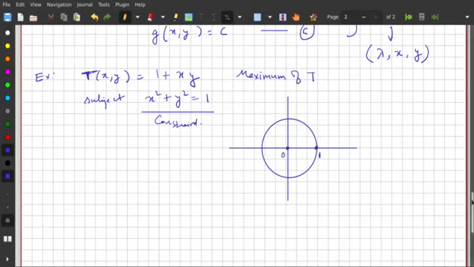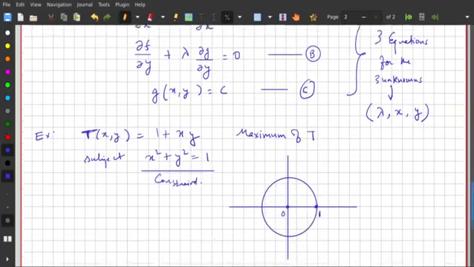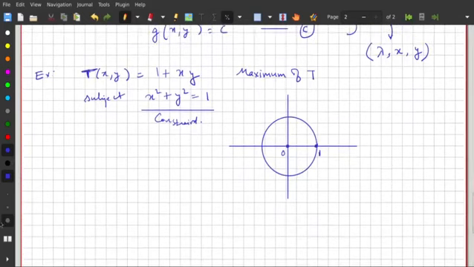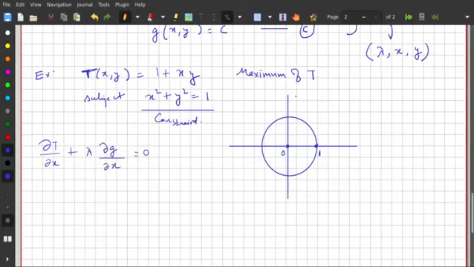So we can write all these equations A, B, and C for the specific case. That becomes partial t partial x plus lambda times partial g partial x equals 0, where g of x comma y is x squared plus y squared minus 1.